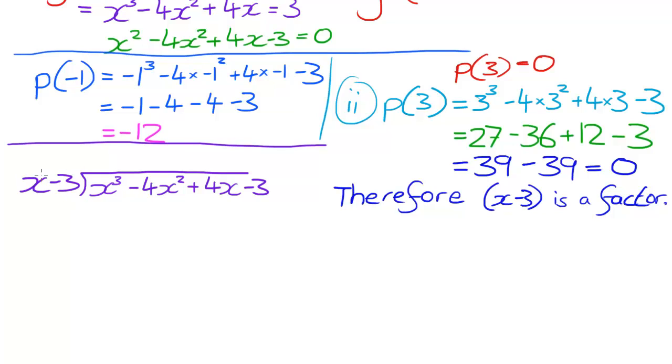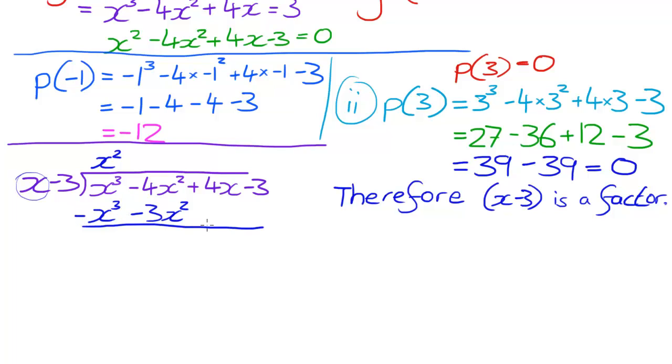So what am I going to do first? I need to find out what times by this here is going to give me x cubed. Well, I think that's going to be x squared. So that's going to give me x squared times by x minus 3, which is x cubed minus 3x squared, like that. Then draw a line there and do a simple subtraction.